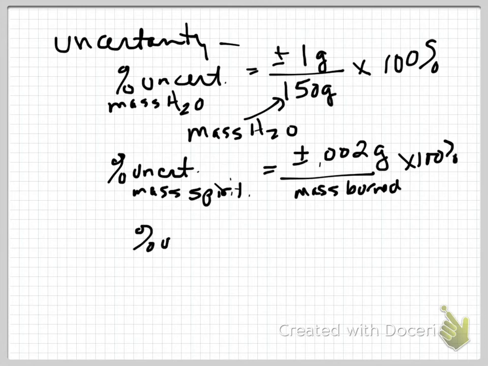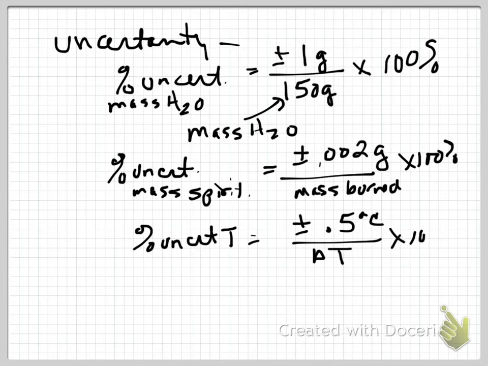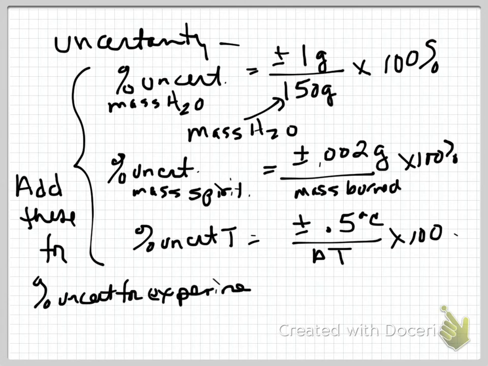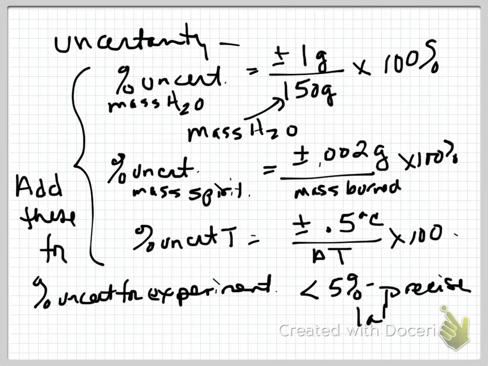Okay, and the percent uncertainty of the temperature is going to be the plus or minus 0.5 degrees Celsius over the change in temperature times 100. To get the percent uncertainty for the experiment, you add these. Okay, if this is less than 5%, you had a precise lab.